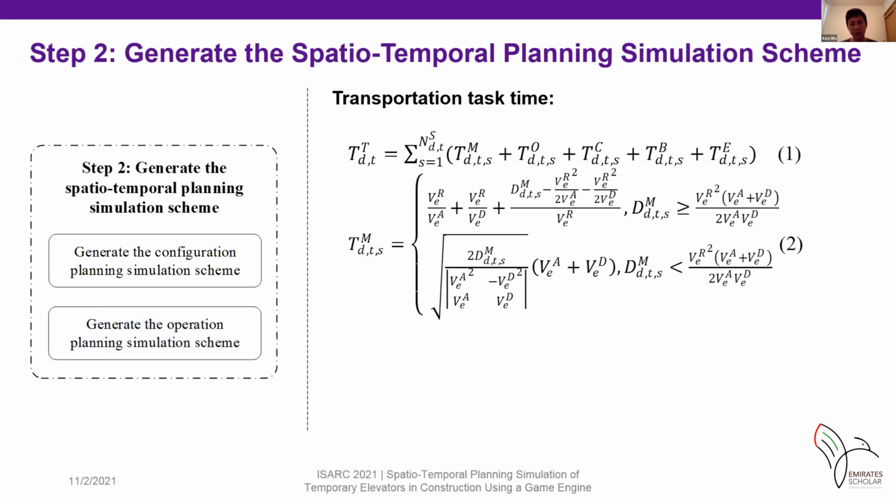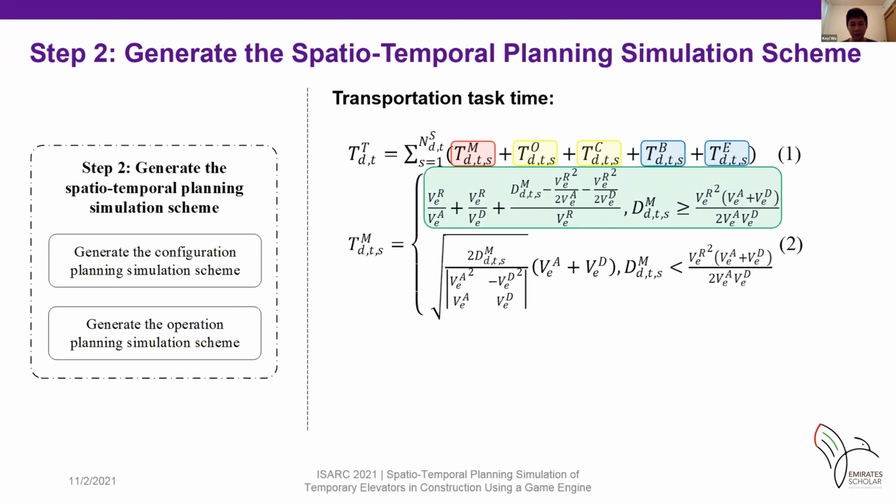Regarding the transportation task time calculation, for each segment of a task, there are three sub-processes. They are motion time, door operation time, and resource transfer time. If the distance between two stops is more than or equal to the distance for the cab to accelerate from 0 to its rated velocity and then decelerate to 0, the time is determined by the first fraction of equation 2.